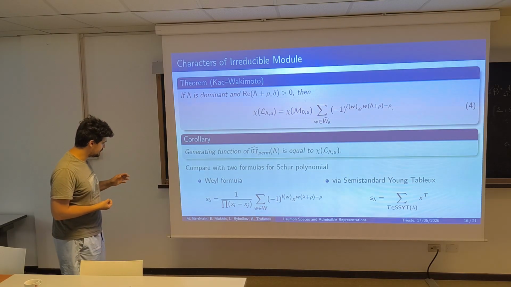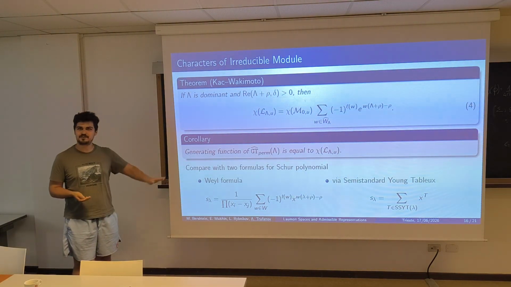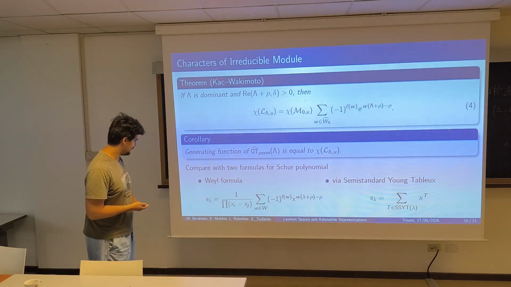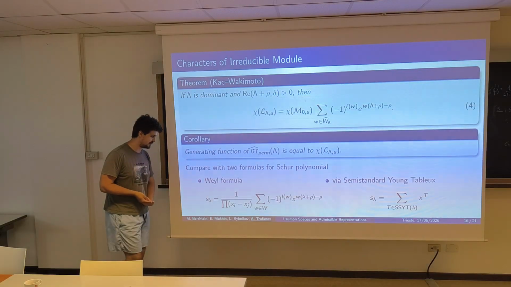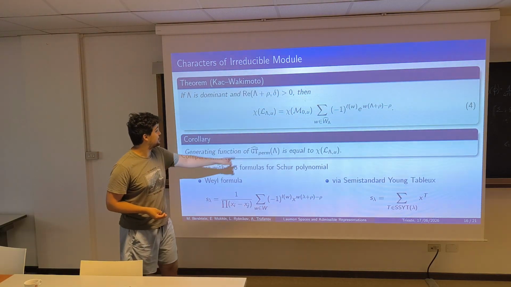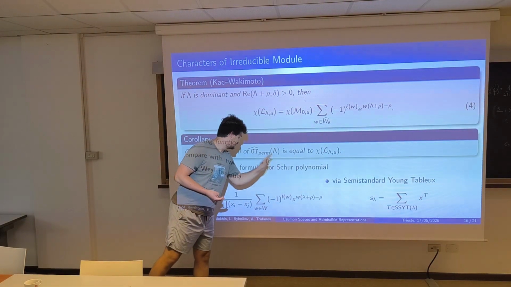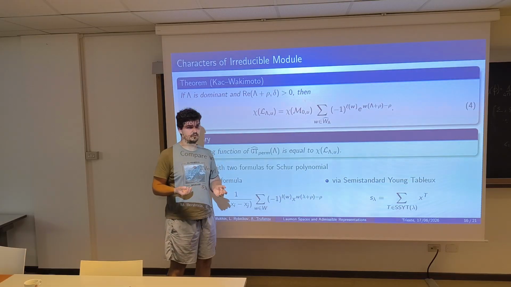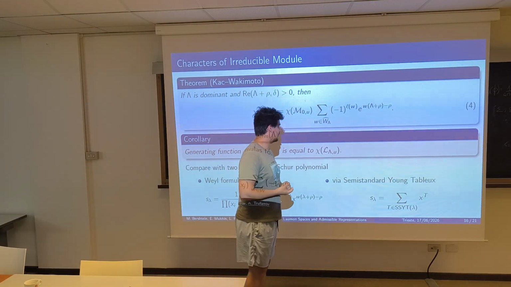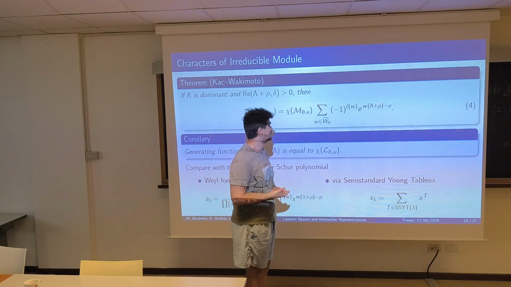So as I already said, if you love Schur polynomials as I do, you should compare it with this. For Schur polynomials, you have two formulas. One is the Weyl formula, where you have some denominator that corresponds to this, and you have a sum over just the ordinary Weyl group. On the other side, you have a formula through semi-standard Young tableaux.